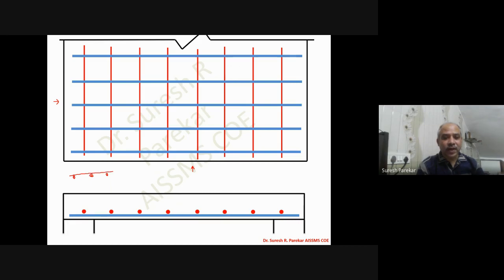So we are going to get this as 10 millimeter diameter, and then this bar above will be 8 millimeter. If you see from this side, then you have it in this fashion. Main reinforcement will be at the bottom, and distribution reinforcement we get as one full bar, and this we get as dotted.